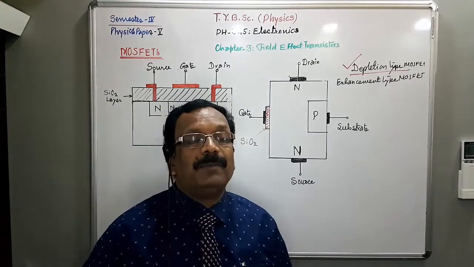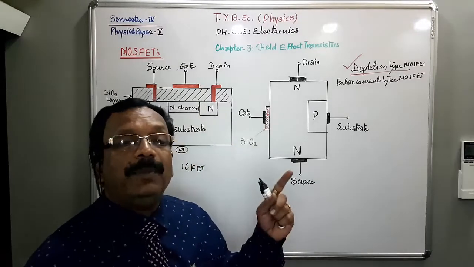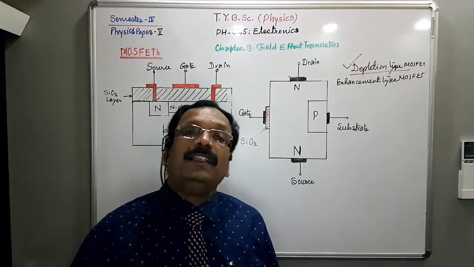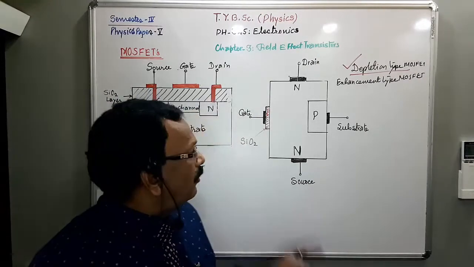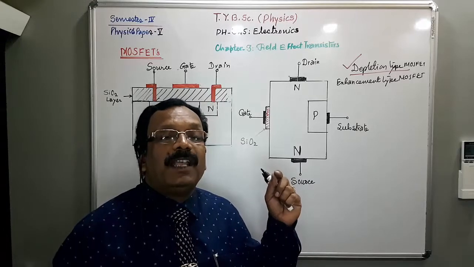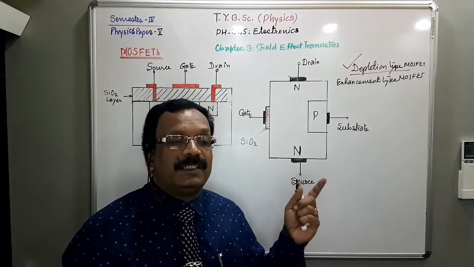In this depletion type MOSFET we are going to see first depletion type N channel MOSFET and then P channel MOSFET. Now see the construction, how depletion type N channel MOSFET is constructed.